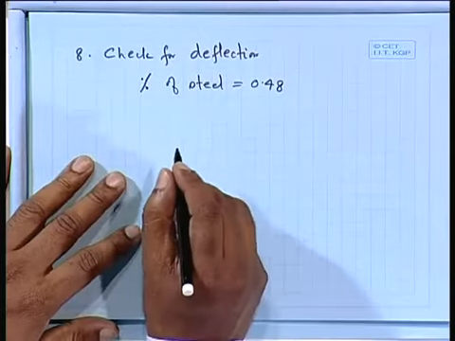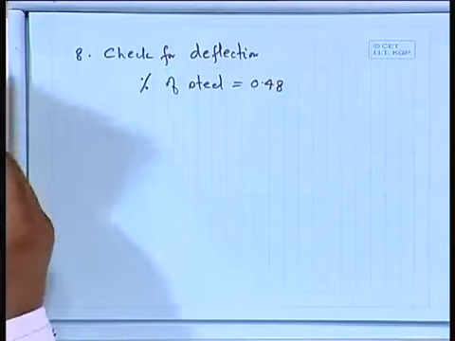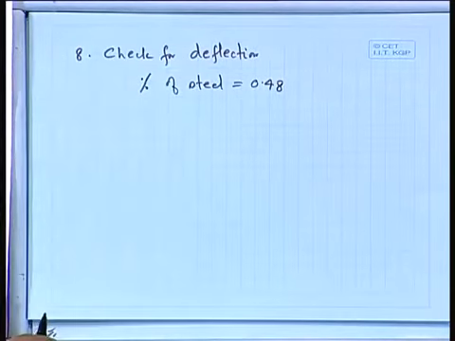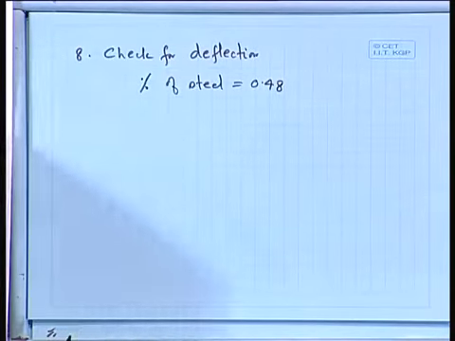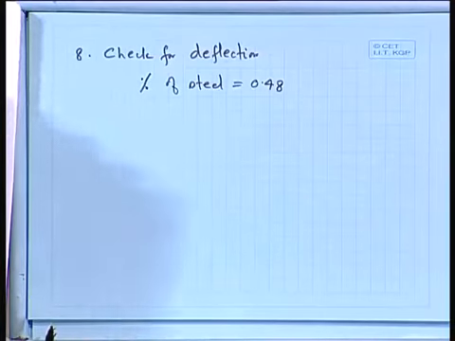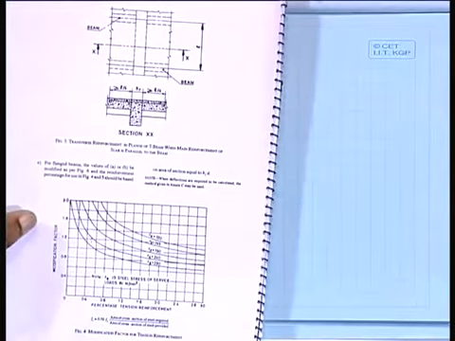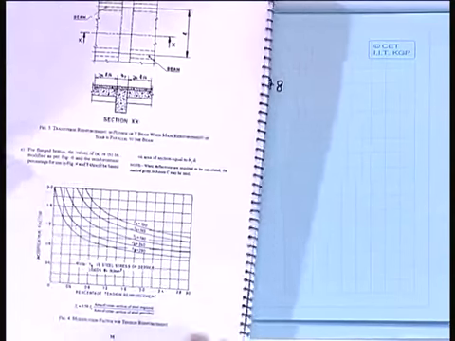So if we now go back to the table or figure, just for your reference, that is Figure 4 on page 38 of the IS code, we shall take this one.